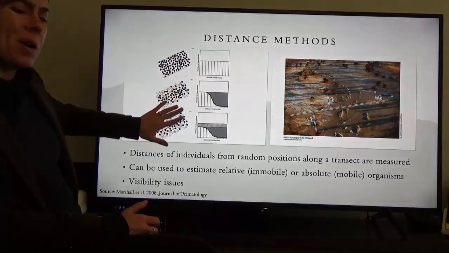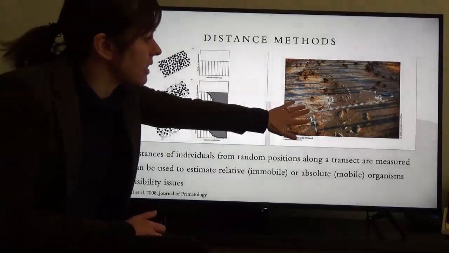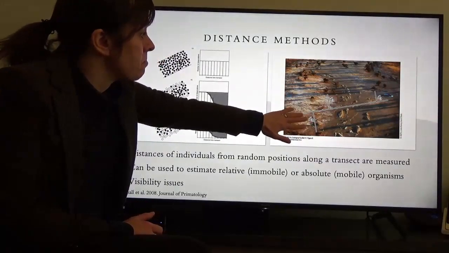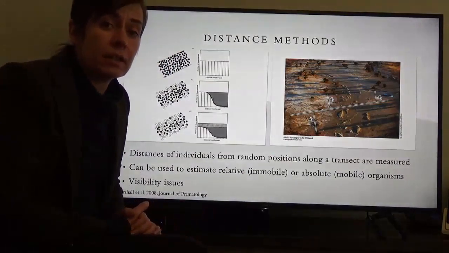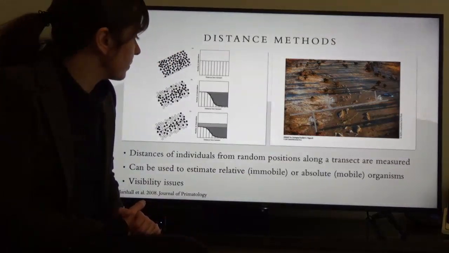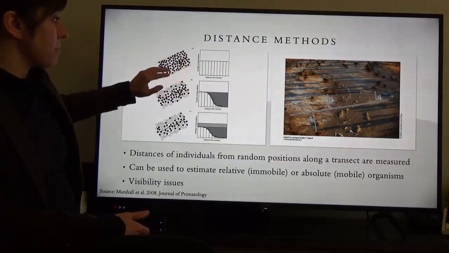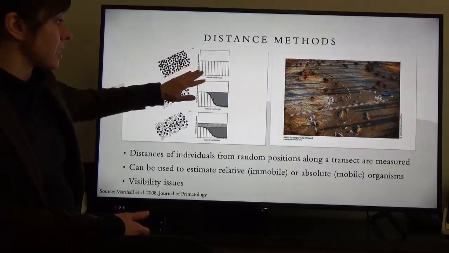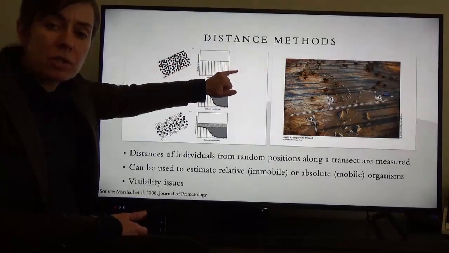And so we want to take a look at how well we are detecting those individuals when we're walking along this transect and measuring the distance to an individual along the transect. In some cases, maybe you get everybody. Maybe it doesn't matter what distance you are from the transect, you have a similar number of observations regardless of the distance.